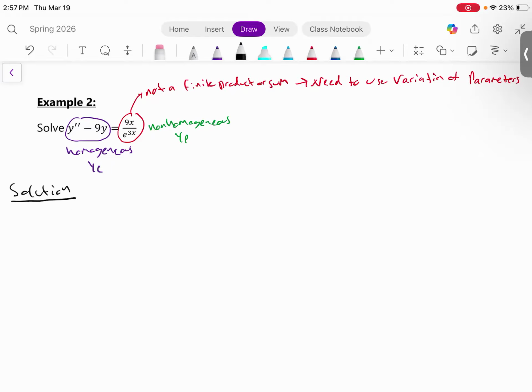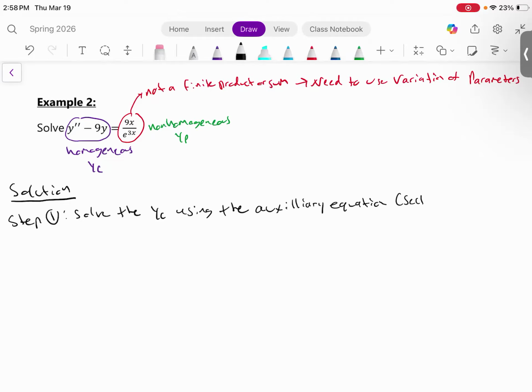So we'll say solution, and we'll say step one, and that is solve the complementary solution y sub c using the auxiliary equation.